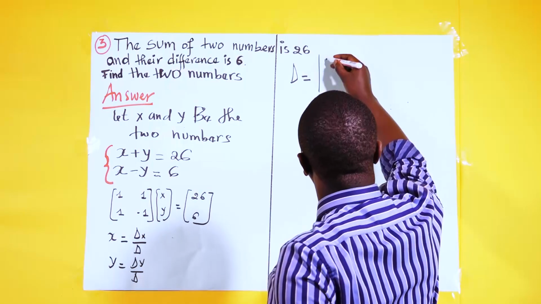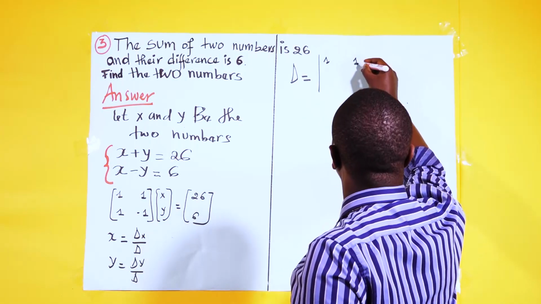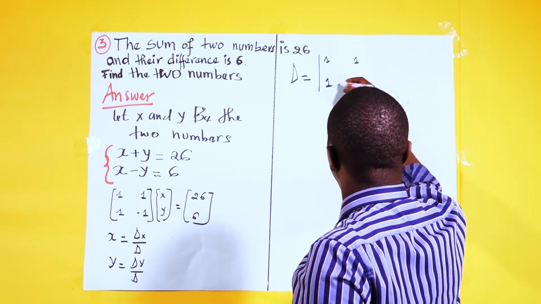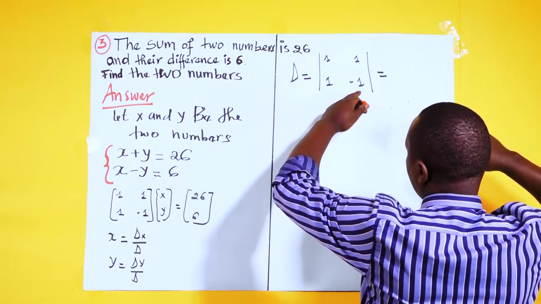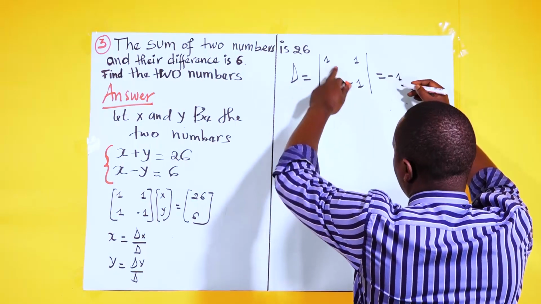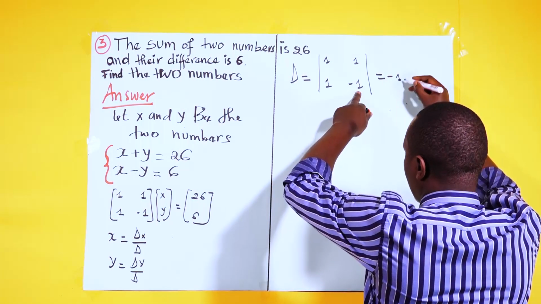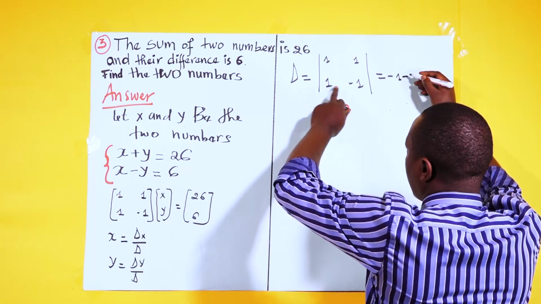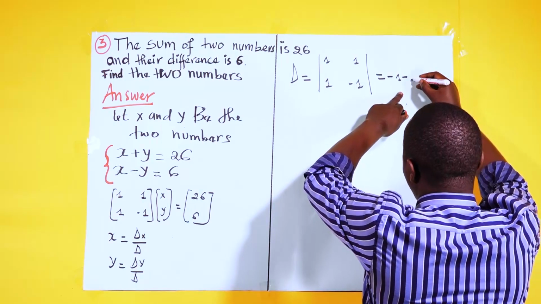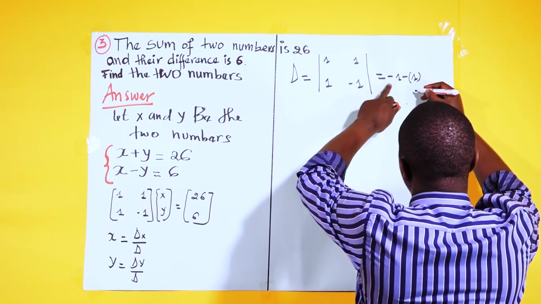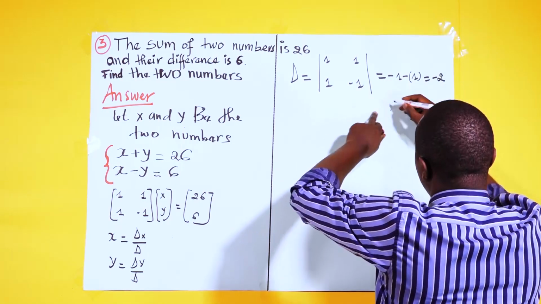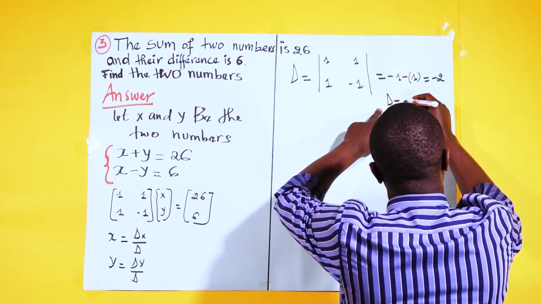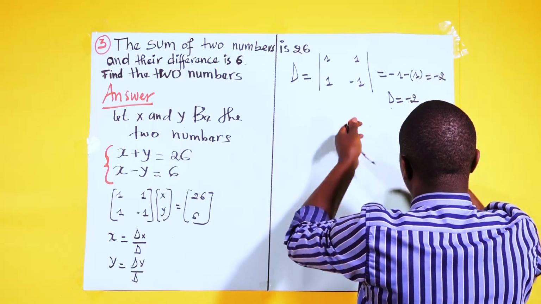You copy the coefficients, and applying the formula, 1 times negative 1 gives us negative 1, and in the formula the second product is subtracted. 1 times 1 gives us also 1. Negative 1 minus 1, the answer is negative 2. So our determinant is negative 2, right?